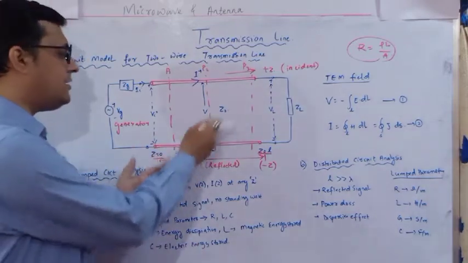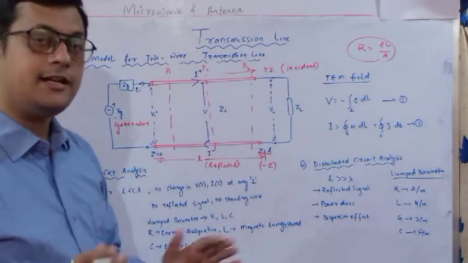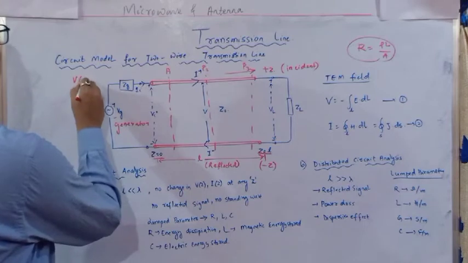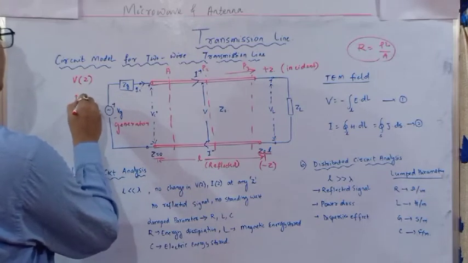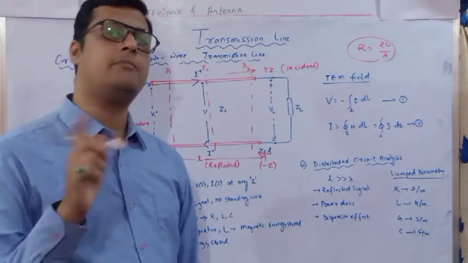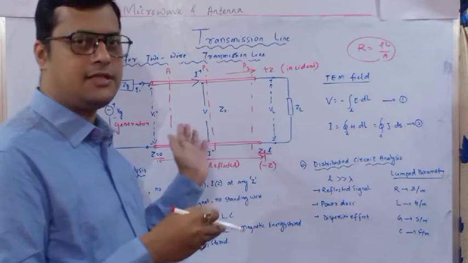So if you change the position from 0 to L, your potential is changed, and current is also changed. I will write V of Z and I of Z. That means potential and current both are dependent on length, where Z indicates the length.